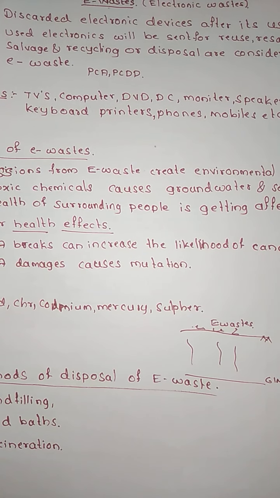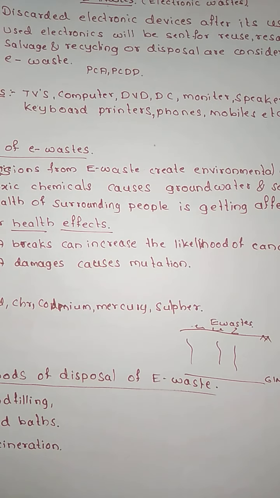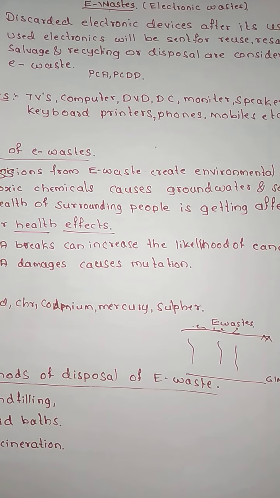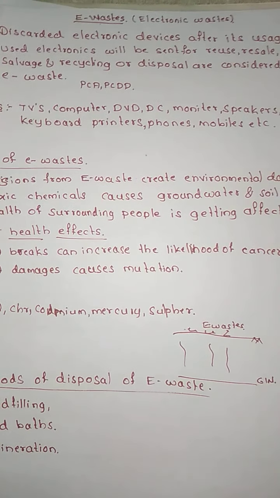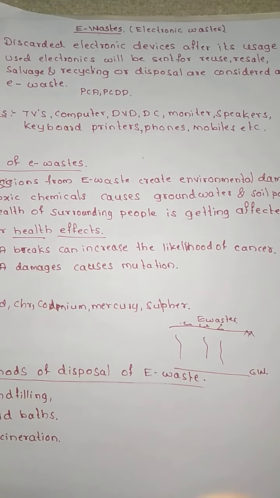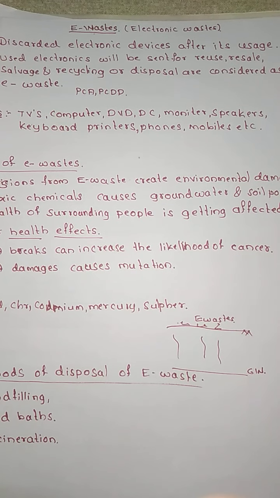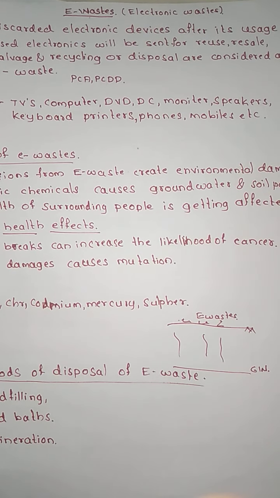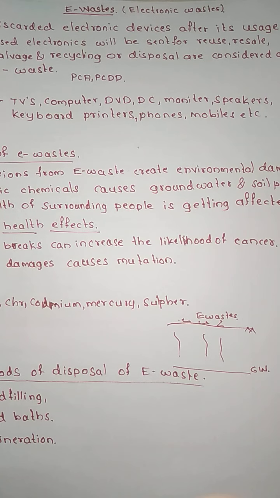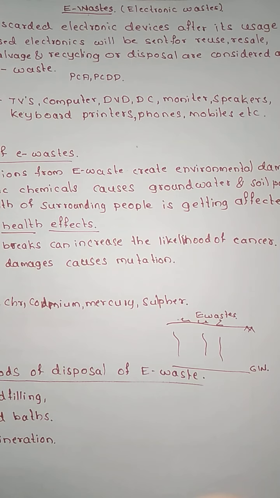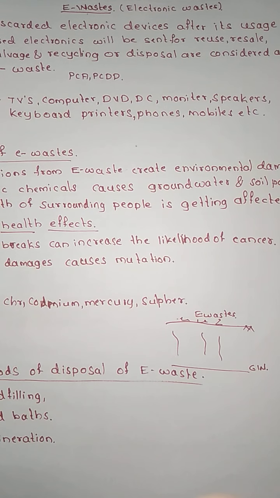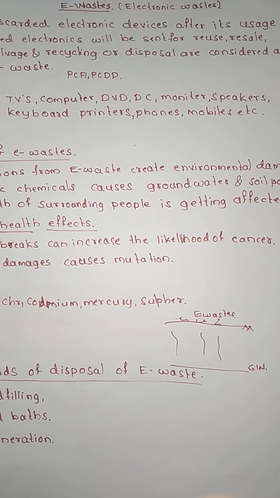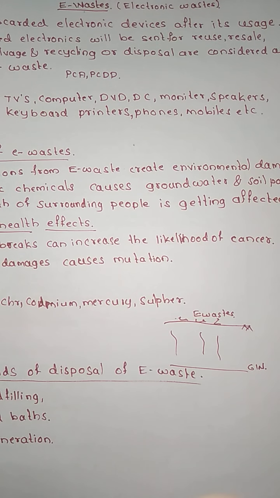So this electronic waste we cannot deal with as ordinary waste. Ordinary municipal waste will decompose. Whatever biodegradable waste is there will decompose. But in e-waste, most of it is non-biodegradable, or if some degradable material is there, it is very slowly biodegradable.